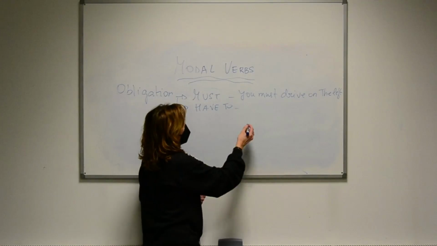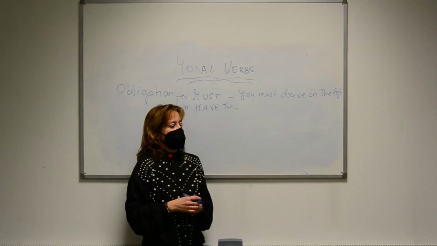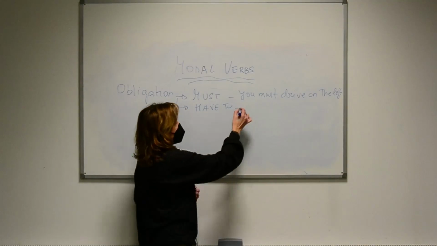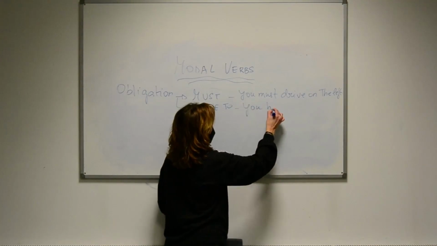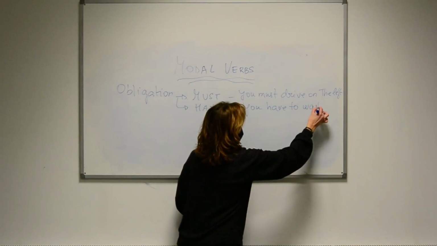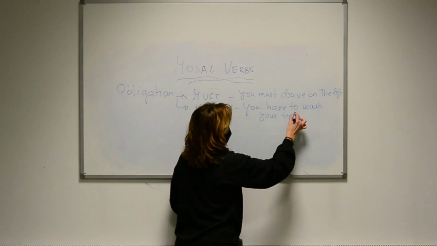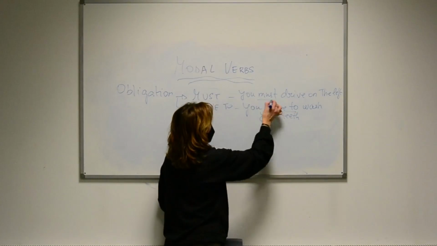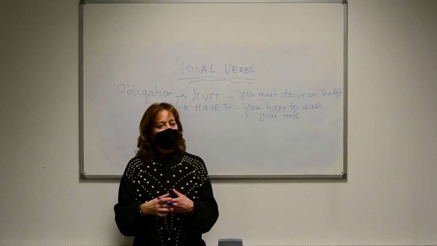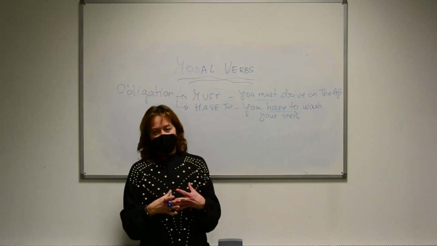With have to, it should be, for example, you go to the dentist and the dentist tells you, you have to wash your teeth. In this case, have to is an obligation, but it is not so strong as the obligation imposed by must.